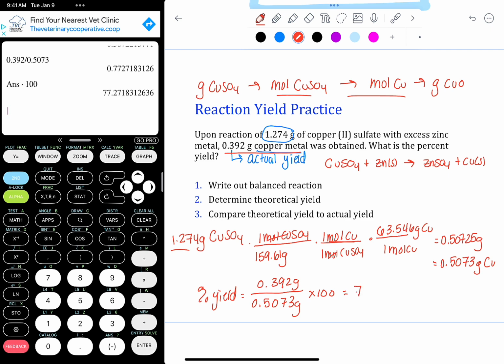We get 77.3%, with 3 sig figs now coming from our actual yield value. So we theoretically should have gotten out 0.5 grams. We only got out 0.4 grams. So our actual yield was less. So I only produced about 77.3% of what I was supposed to in this reaction.